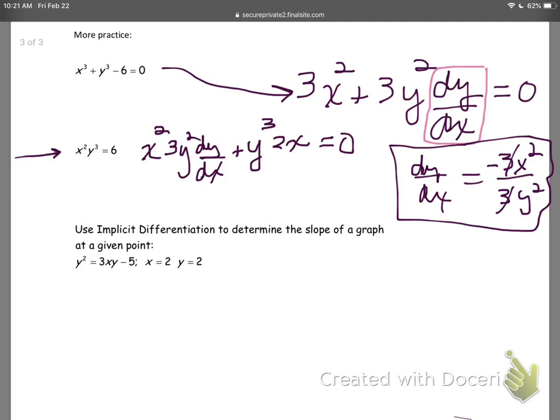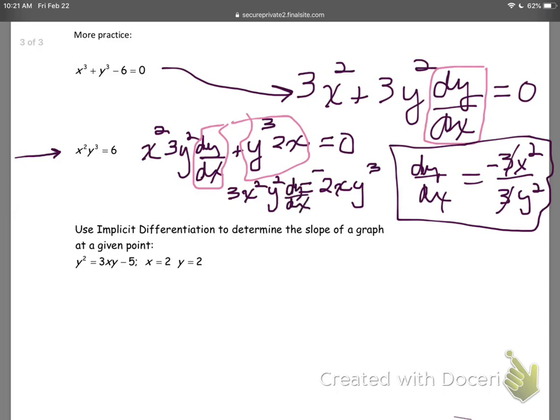Okay, so what's going to happen now? I'm going to get my pink out again, and my goal is to get this all by itself. So I'm going to move this term first. When I do that, I'm going to get equals negative 2x y cubed, and I have on the left now, I'm going to change the order, 3x squared y squared dy dx.